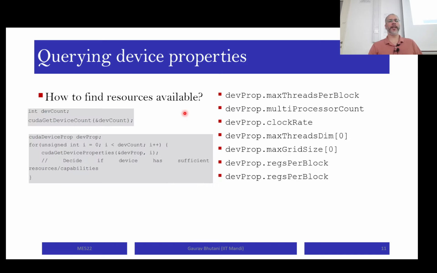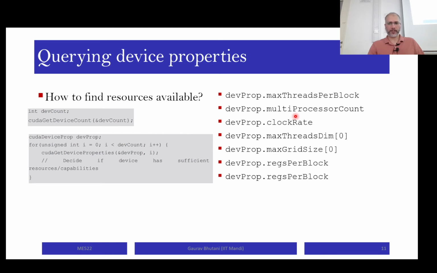So, for this A100, this maxThreadsPerBlock will become 1024. Now you can have some formula that will help you decide on the parameters for your scheduling.